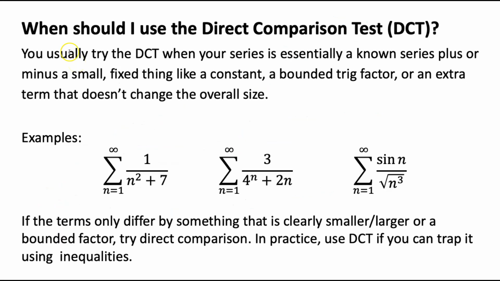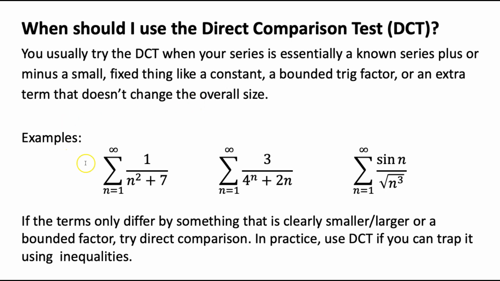A common question is, when should I use the direct comparison test, especially because there's another comparison test? You usually try the direct comparison test when your series is essentially a known series, plus or minus a small fixed thing, like a constant, a bounded trig factor, or an extra term that doesn't change the overall size.